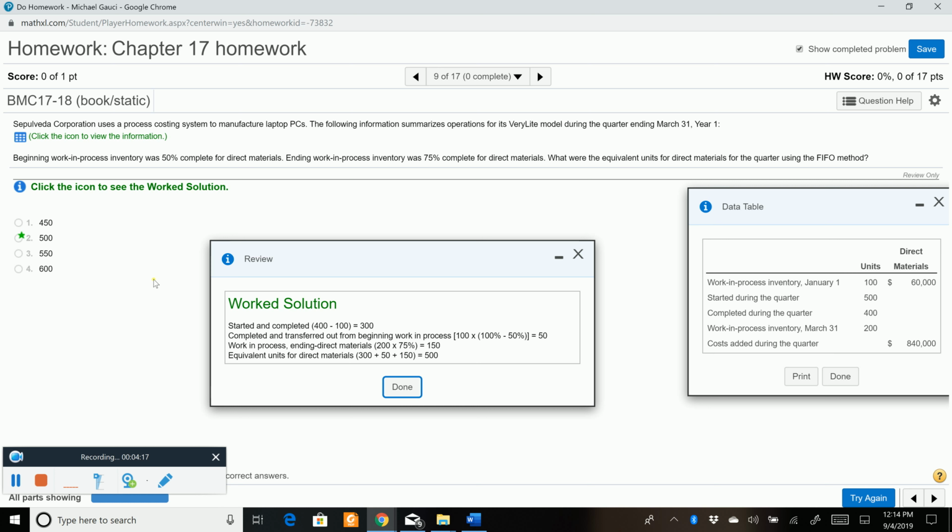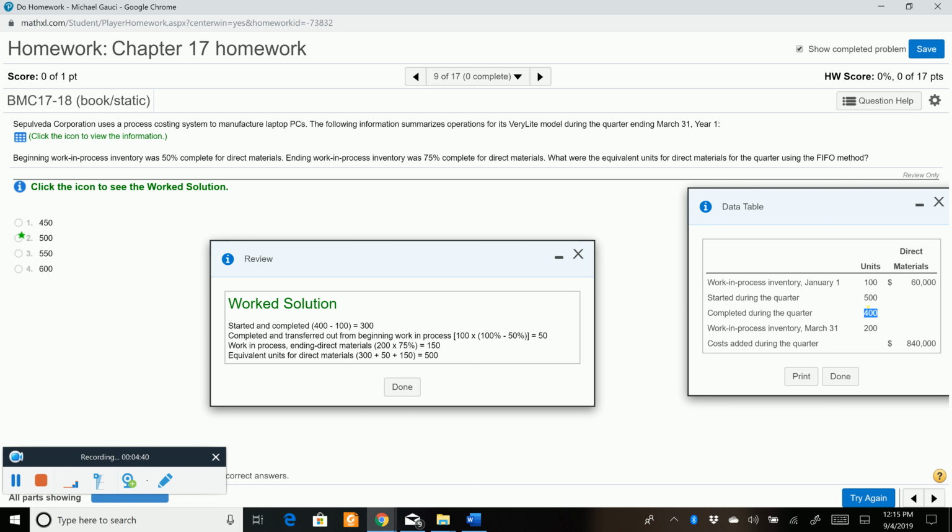And since we're using FIFO, we need to know the amount of items completed during the quarter were 400. Now, out of the 400, how much of them were actually started and completed during the period, and how much of them came from beginning WIP?